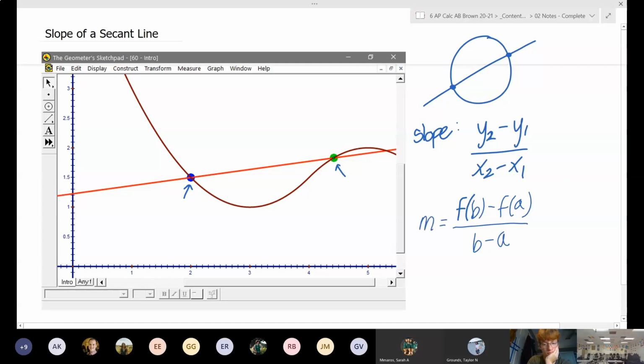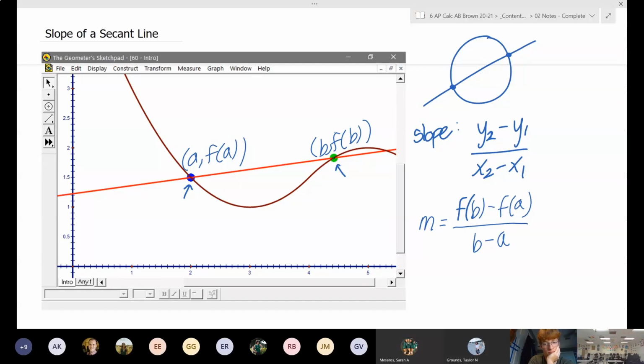And oftentimes we use the lowercase m to represent slope. I'm just calling generically, one of these points would be at a comma f of a, where f of a is the y coordinate. The other point is at b comma f of b, where f of b would be the y coordinate at b. So that's what we call a secant line.